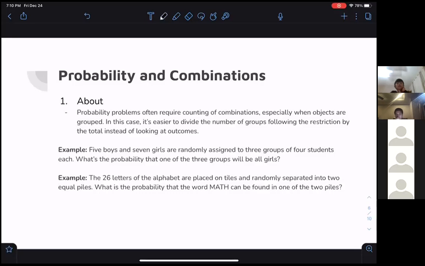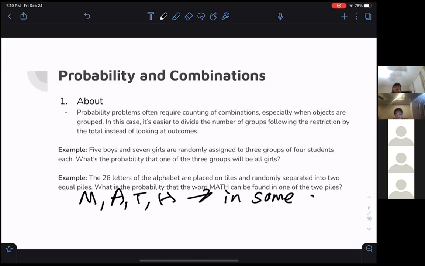Okay, so I don't want to make this too complex. We can just treat it as being equivalent to all the tiles M, A, T, and H being in the same group. We can treat the problem as being equivalent to that.